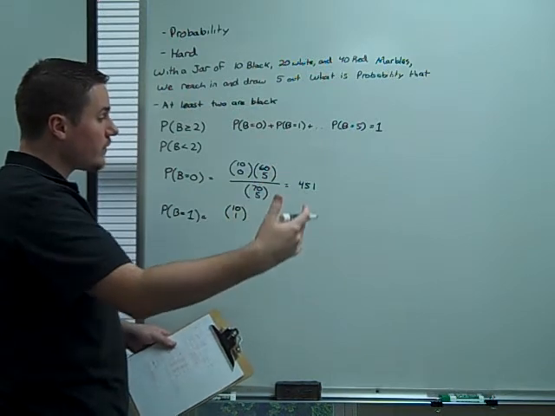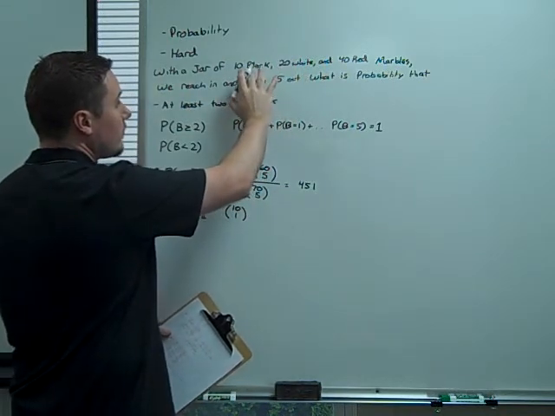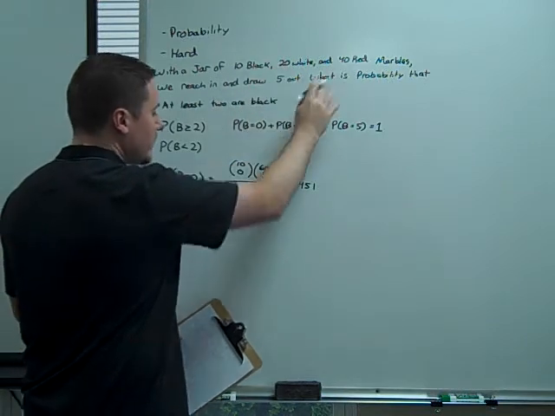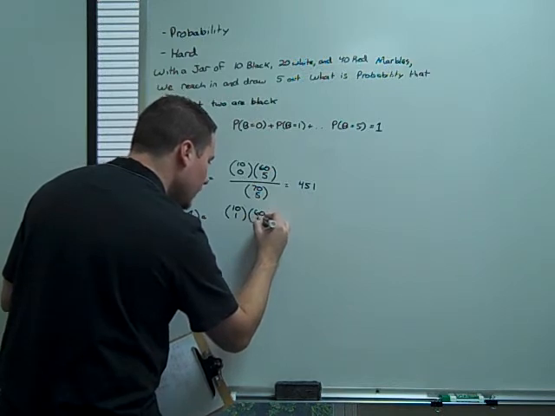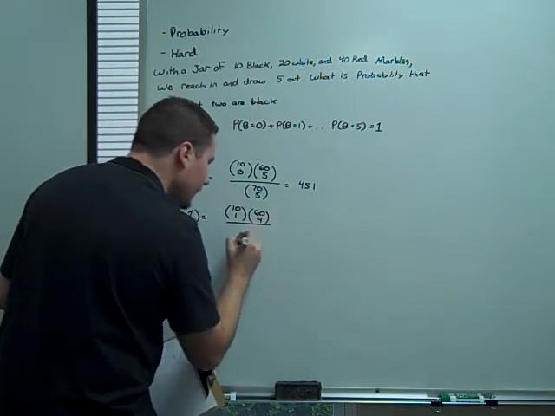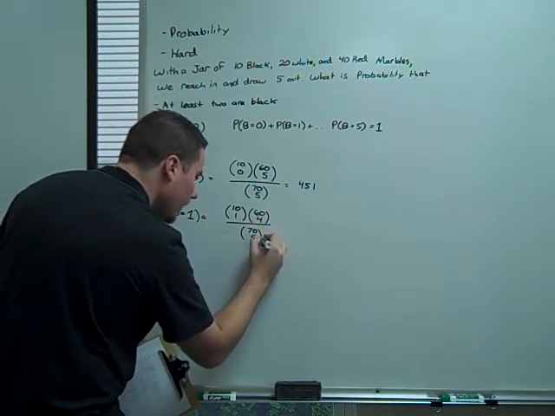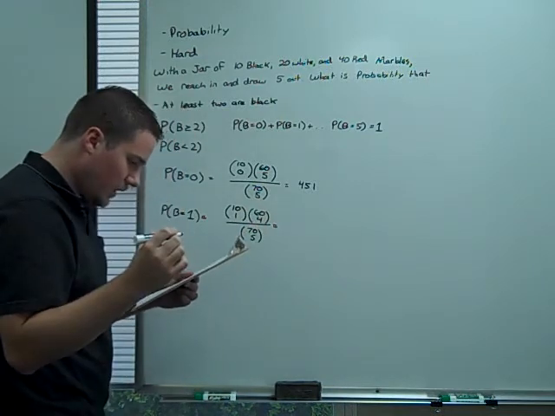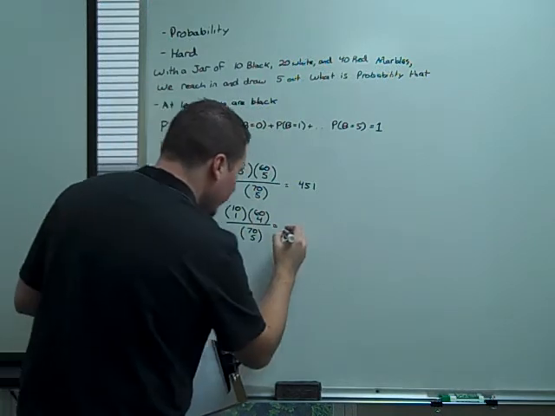Now we have 4 more marbles to choose from the non-black marbles. And there are 60 of those, so we have 4 choices from a group of 60. All of this divided by 70 choose 5. And this is going to give me about 0.403.